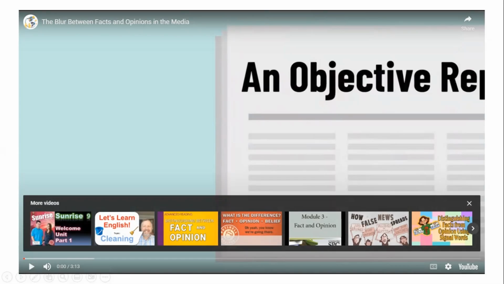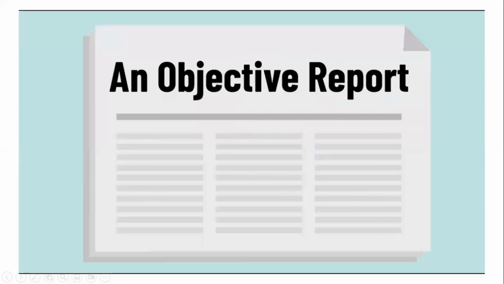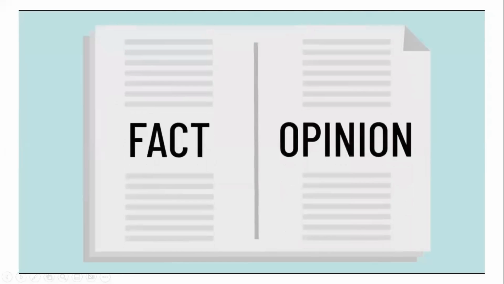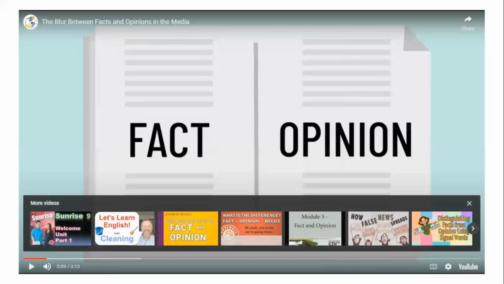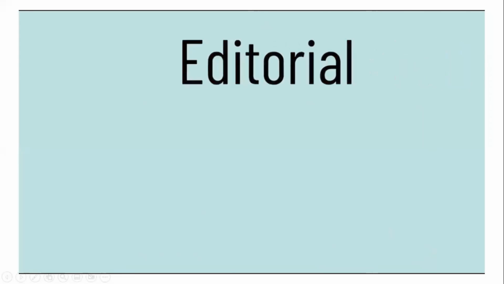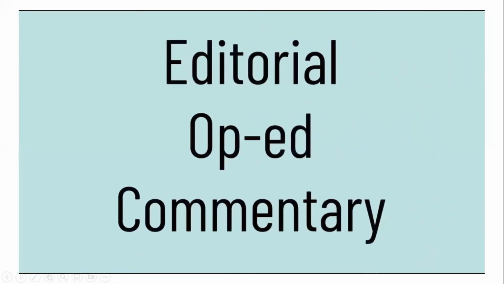Understanding the news used to be simpler. Newspapers, radio, and TV usually made a clear distinction between objective fact that can be proven and opinion crafted by their writers and producers. They used terms like editorial, op-ed, and commentary to distinguish opinionated content from more objective reporting.